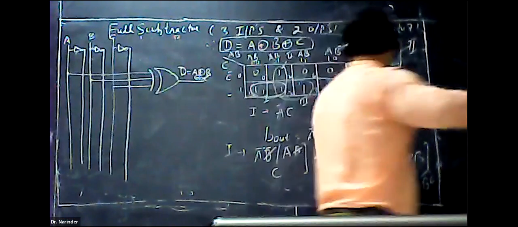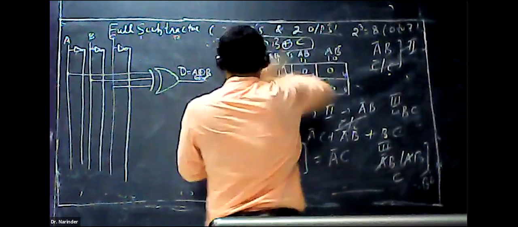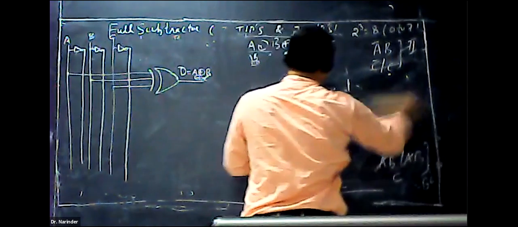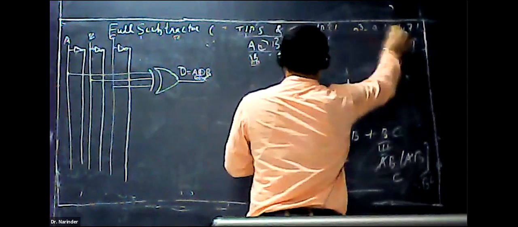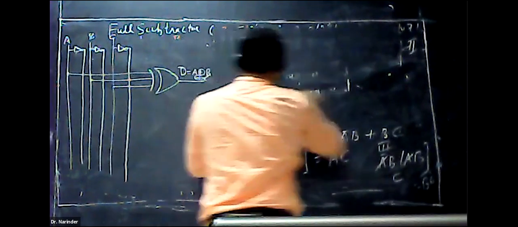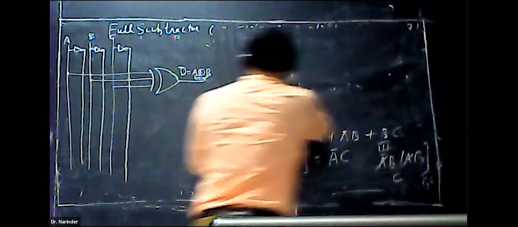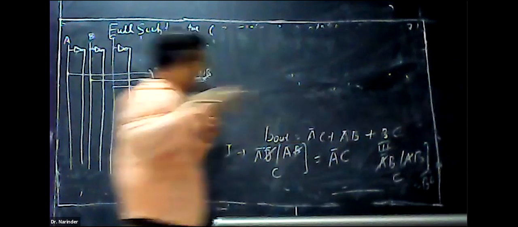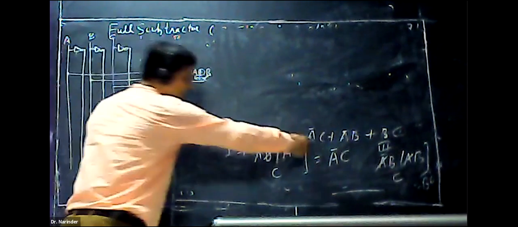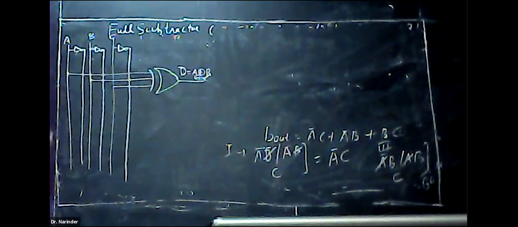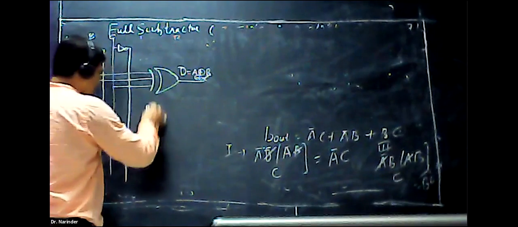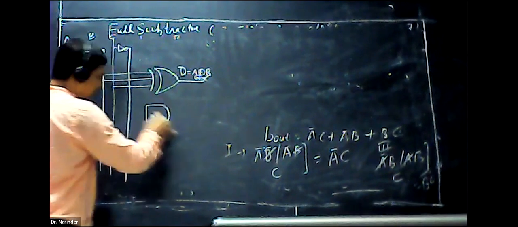Now you have to pursue the borrow out. Just check what the value for the borrow out is. That is A bar C, which means multiplication. You have to use an AND gate. How many AND gates are required?